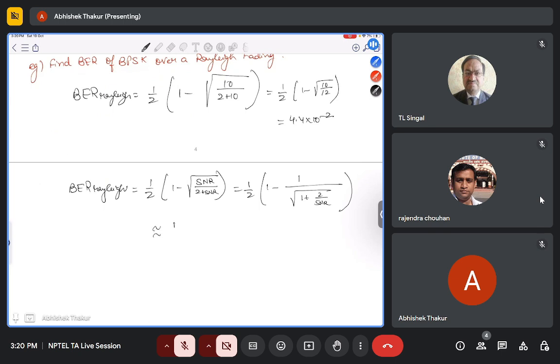So this will be nearly equal to half into 1 minus, half of 2 by SNR. So this is nearly equal to half of SNR for larger values of SNR.